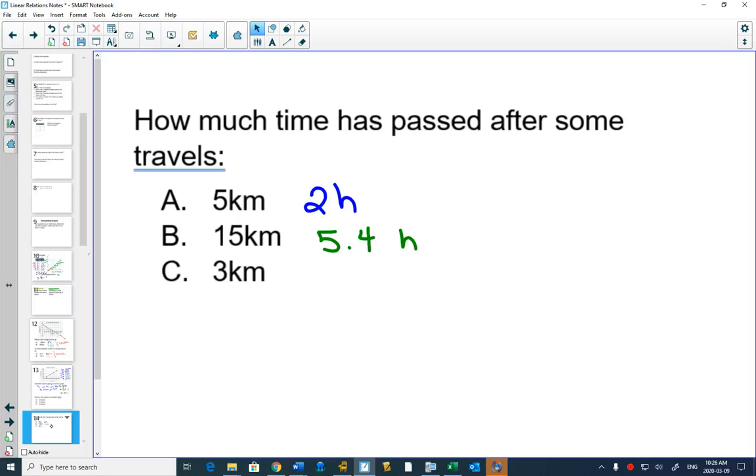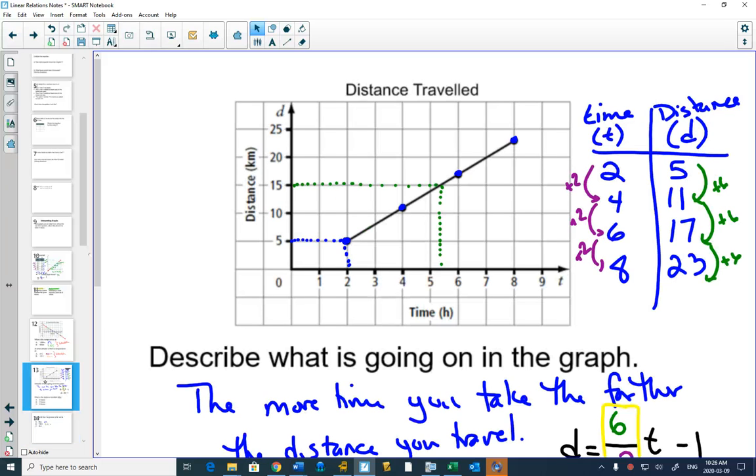3 kilometers? Hey, do you notice that if I do 3 kilometers, which is right here, it doesn't hit the graph? So I'm going to go, these were my endpoints of my graph. I could extend it, and at 3 kilometers, I would hit the part that's extended.